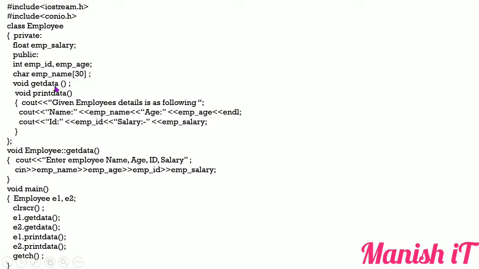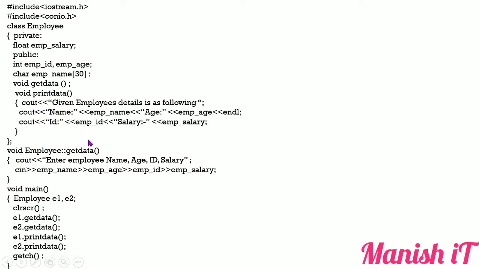And void get data is nothing but a member function. Here I have another member function named void print data, but I have declared this print data member function within the class, and void get data outside the class.